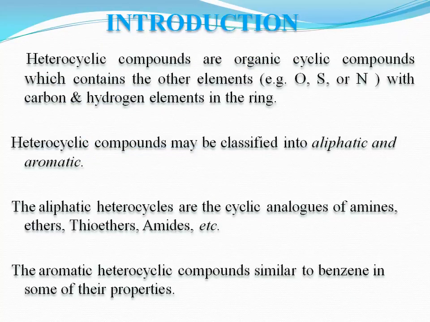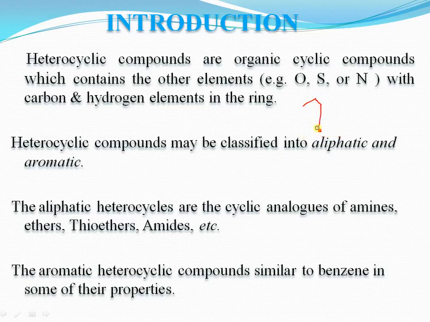So heterocyclic compounds are nothing but cyclic compounds which contain a heteroatom like oxygen, sulfur or nitrogen with carbon and hydrogen elements in the ring. Suppose we have an aromatic ring system, or this one is a benzene ring.